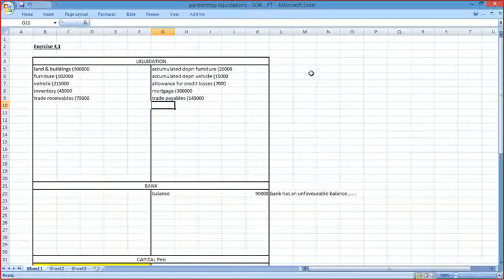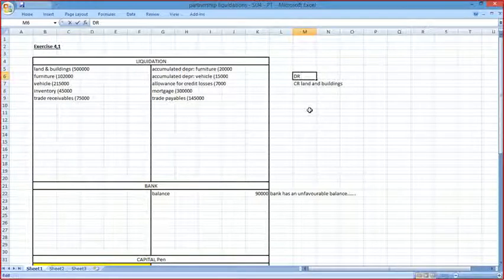You can't debit the capital account. You're right, you can't debit the capital account. So you must debit the asset account. Which asset account? What are you getting? You're getting money, so the bank account.